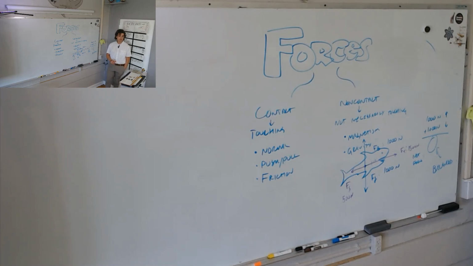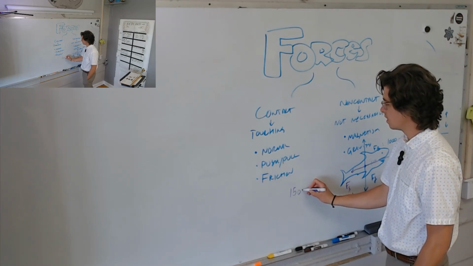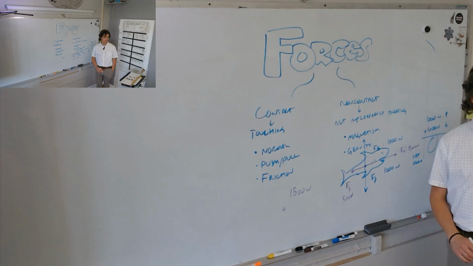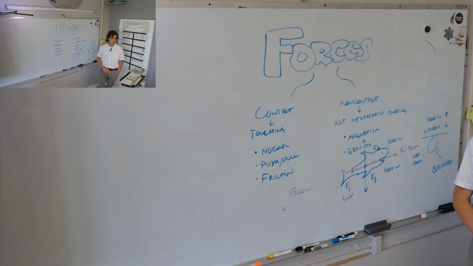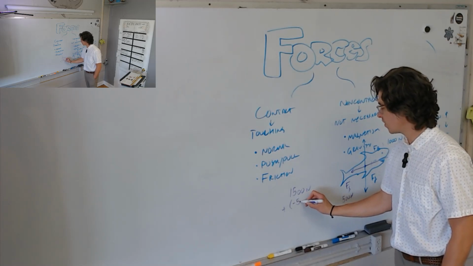How can we add those up? Well, 1,500 newtons plus, it's in the opposite direction, so how can I indicate that in my math? Yeah, we'll say plus negative 500 newtons.